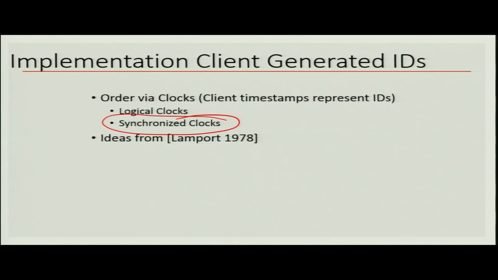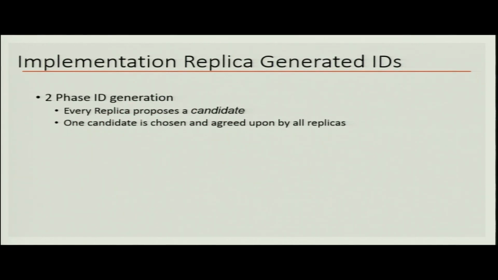There are algorithms for synchronizing clocks, but distributed clock synchronization has an overhead because it requires exchanging a lot of messages. So, synchronized clock is not a good solution. Logical clock is another solution that was given by Lamport, but what this problem requires is not that complex. There is an algorithm called the two-phase ID generation algorithm that was invented to solve this problem.